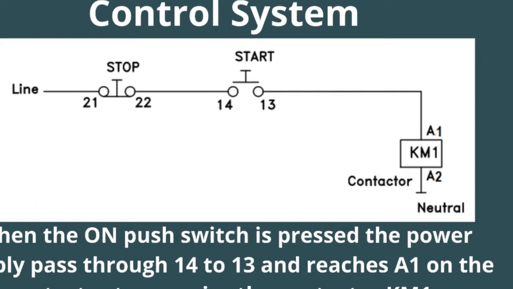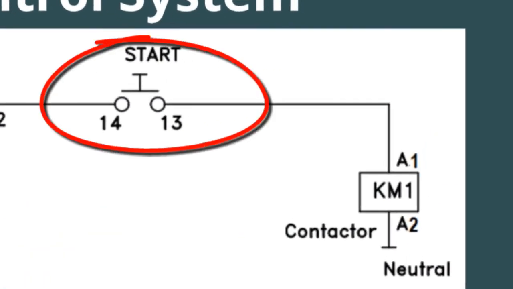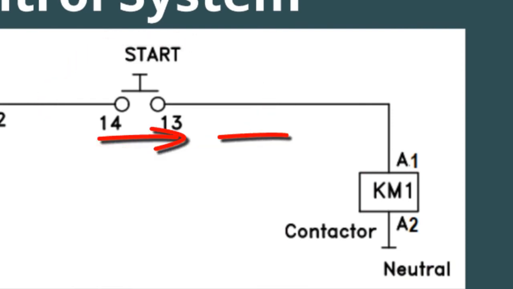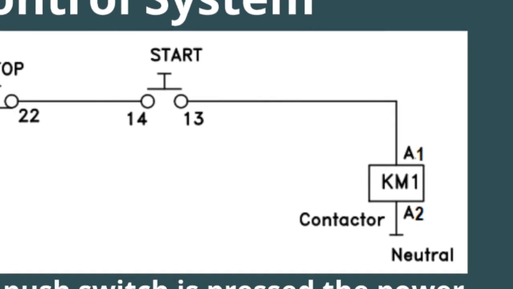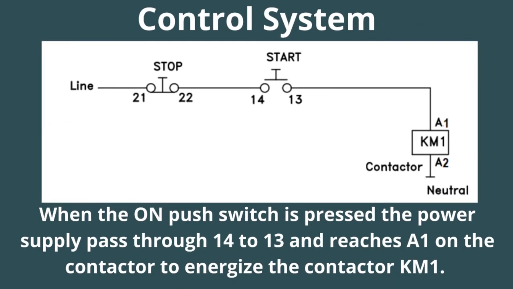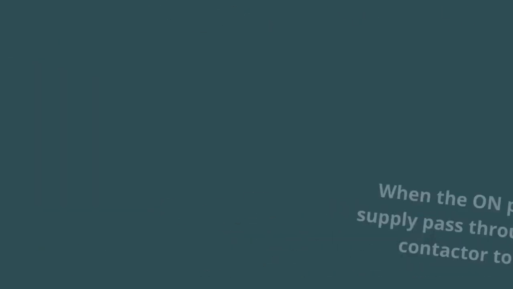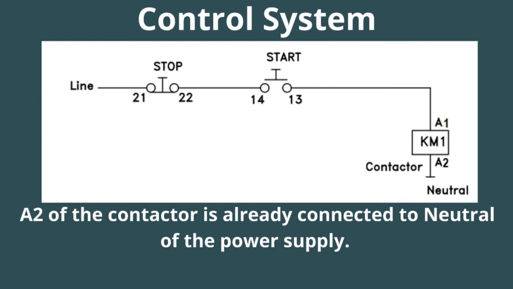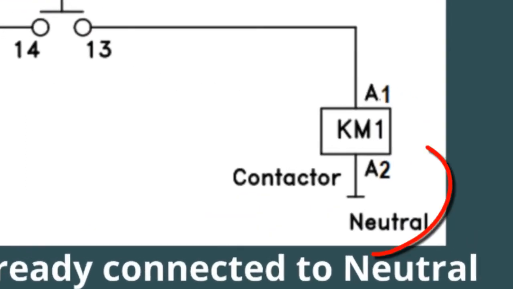When the on push switch is pushed, the power supply passes through 14 and 13 and reaches A1 on the contactor to energize contactor KM1. A2 of the contactor is already connected to the neutral.